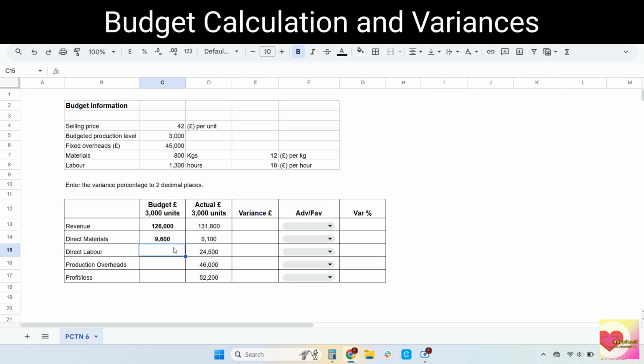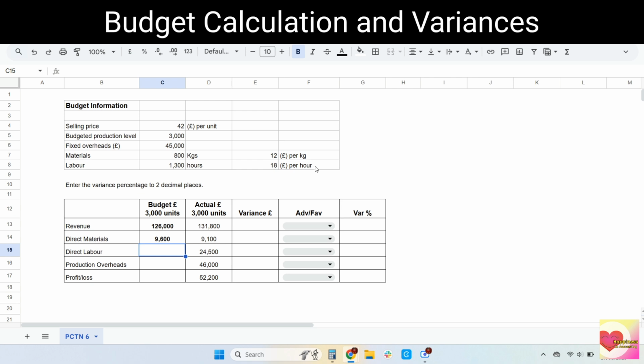Next is direct labor. We can see in the budget information, the labor is 1,300 and it says here hours. So the 1,300 is the number of hours and not the amount of the labor. And it says here 18 pounds per hour.